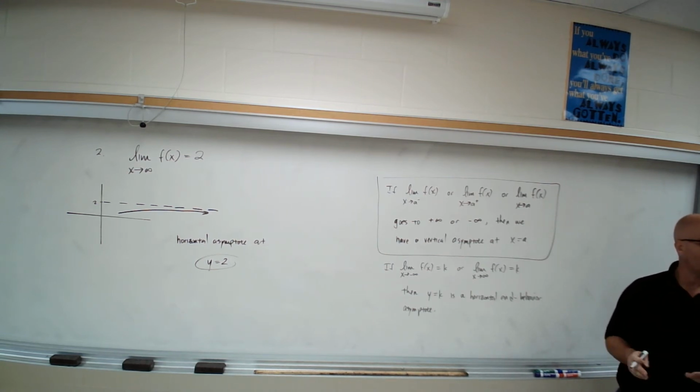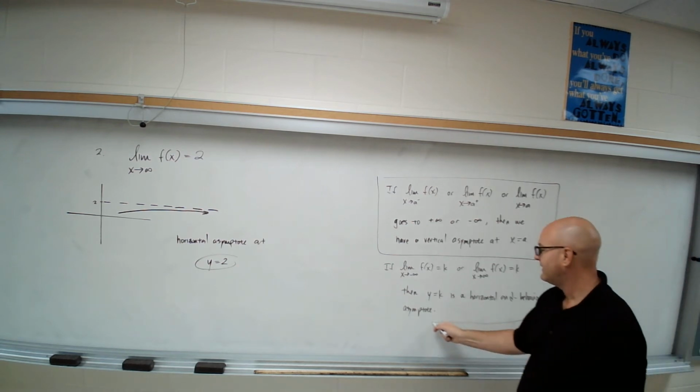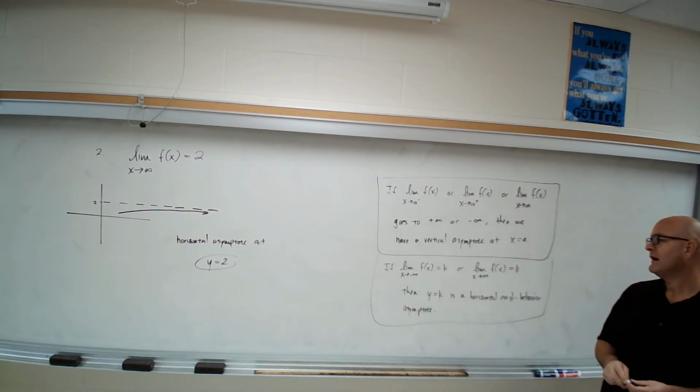Horizontal asymptotes are one type of end behavior. So I probably want to jot that down somewhere.